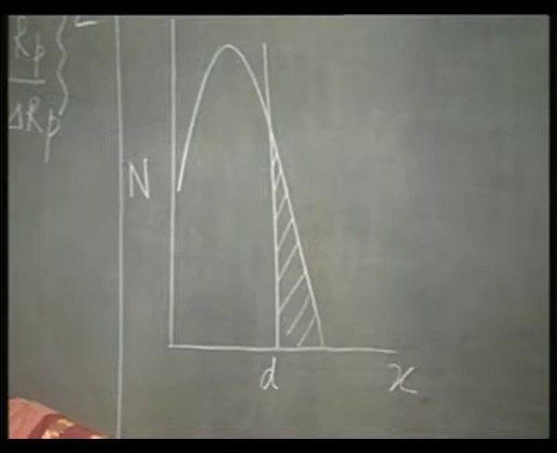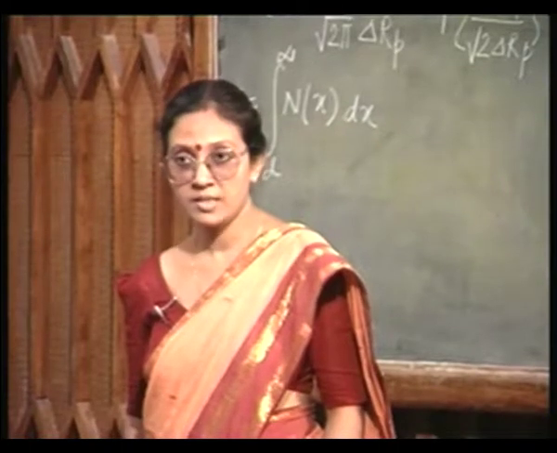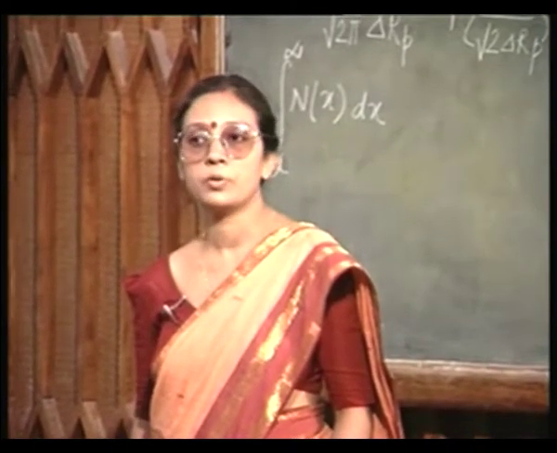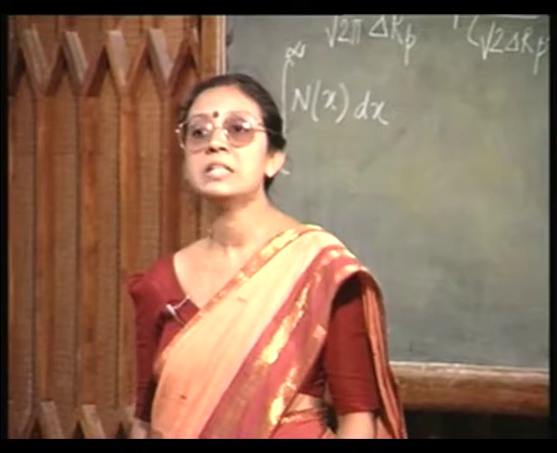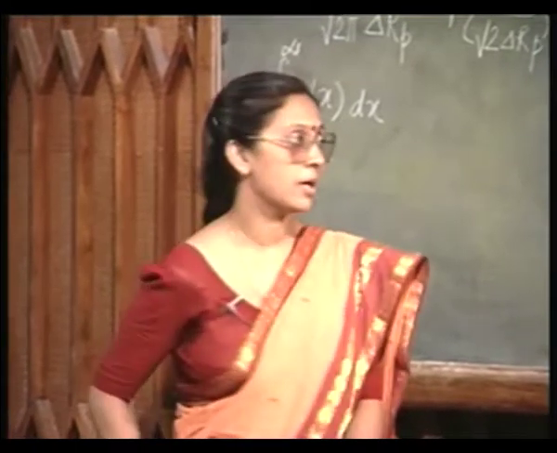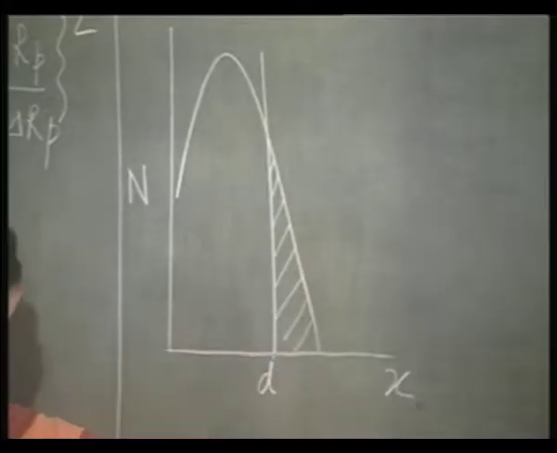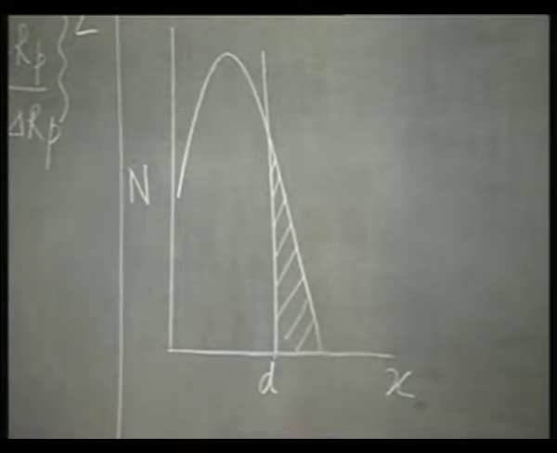That is what I have done. If I integrate n(x) from d to infinity, then I get the area, the hatched region. This is the total impurity which is put in the silicon, which is no longer protected by the mask, since the mask ends here at the point D. So, anything beyond D is going to be inside the semiconductor, right. Okay.